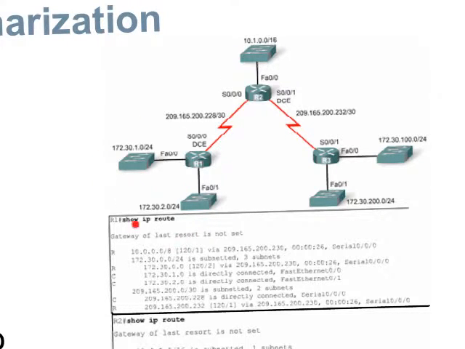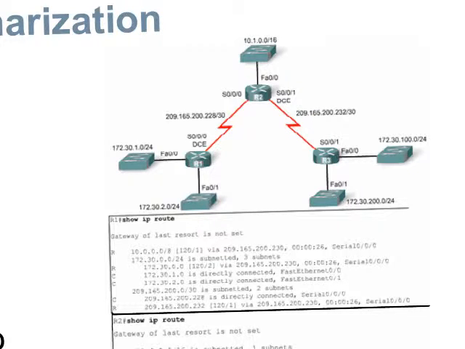So this exists in the major network of 172.30.0.0/16. And also you have part of the same major network on the other side. Between them there are some networks that exist on different major networks.